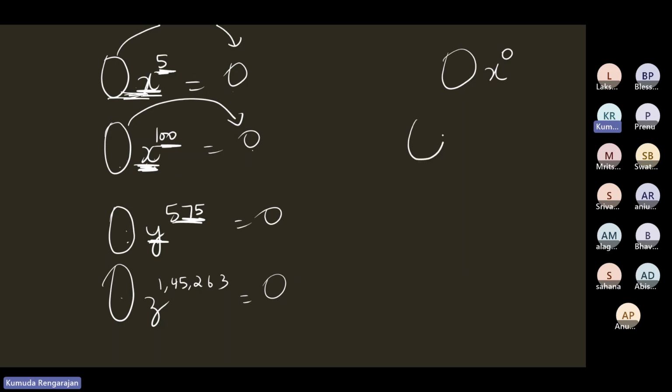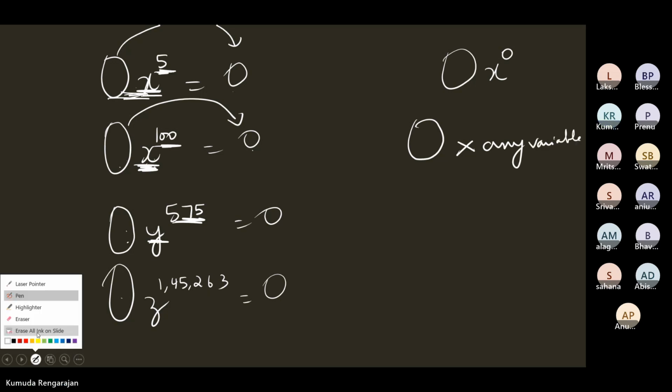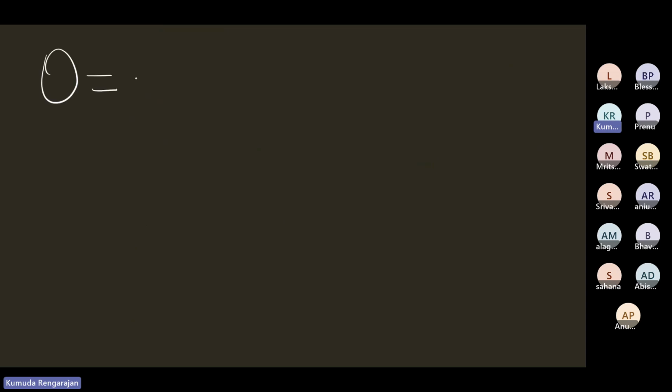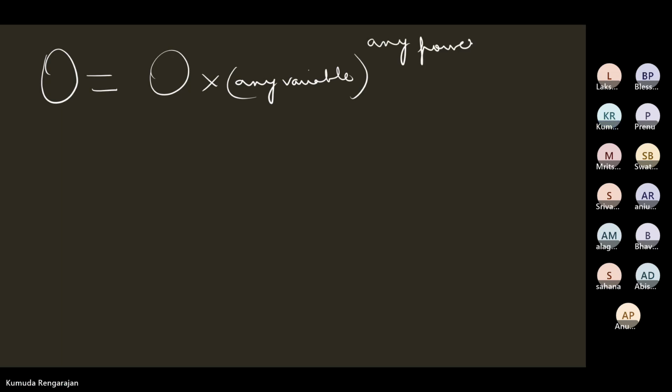You can write 0 as 0 into any variable raised to any power, because anyways the answer is going to be 0. Whatever you do, finally you're going to get 0 only. With great difficulty, you write some variable and some large power, but that into 0 is 0.